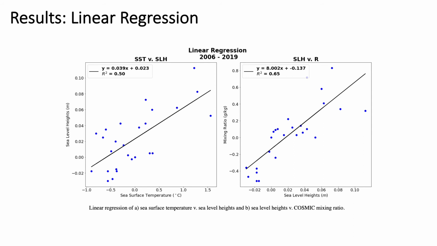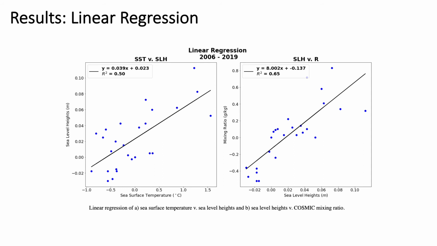Linear regression, I'd like to look at two things. We looked at sea surface temperature versus sea level height anomalies, and we found the linear regression had a 0.5 R squared value.